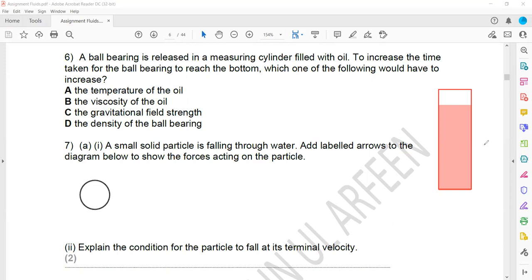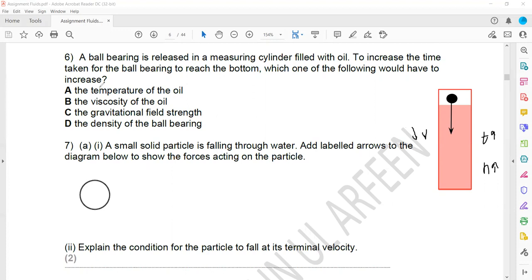So we want the ball to take more time as it falls. So we want to increase the time interval. If we want to increase the time interval, we have to reduce the speed. If we increase the viscosity, the speed will reduce. As the speed reduces, it will take more time.